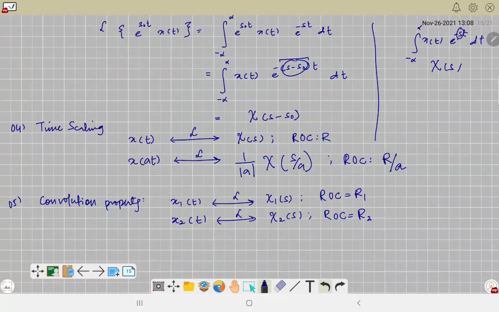Fine. And for time domain, when we define their convolution, it actually translates to multiplication in the S domain. So this will be x1 of s into x2 of s. और जो region of convergence होगा, again it will be the intersection of these two. ठीक है, exactly same thing हमें वहाँ पे भी मिला था in the Fourier transform.